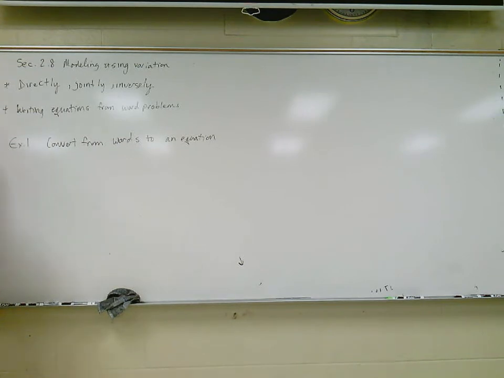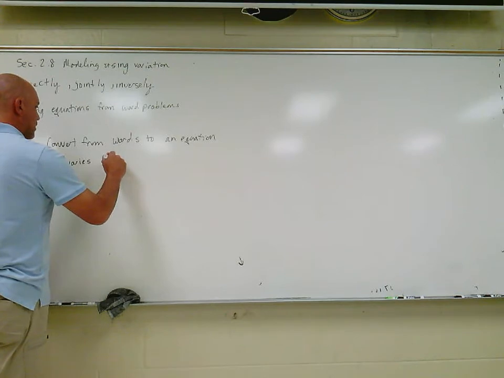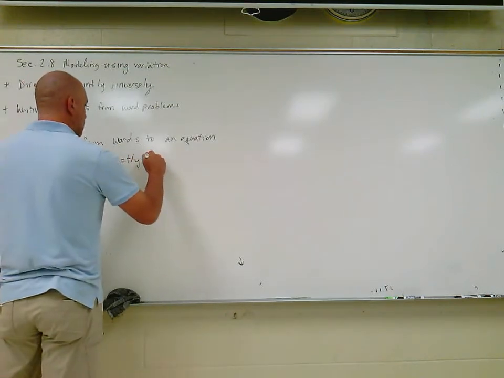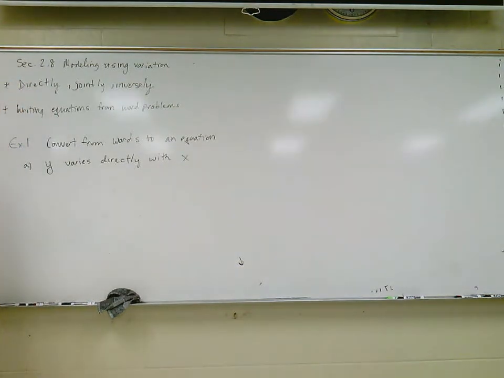What it means is this: when you're reading a statement, let's say the statement is y varies directly with x. It means that the way y and x are related is that they're proportional to each other. Let's say when x is 10, y is 2. When x is 20, y is 4, and so on.